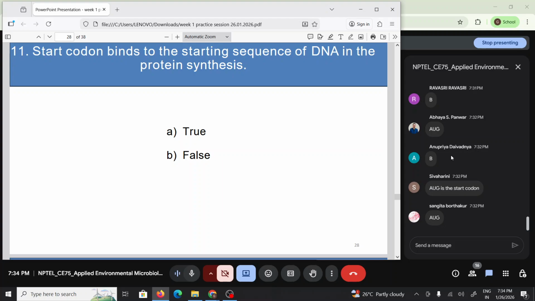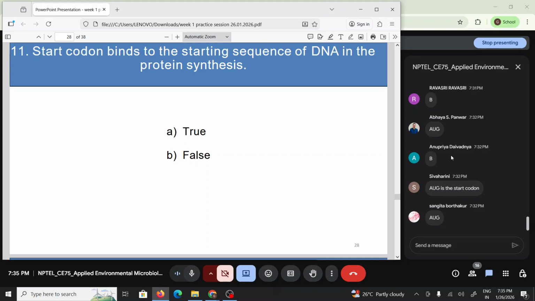And as I told you, there is a specific codon that codes for a particular amino acid, and during translation, a tRNA brings this amino acid attached to the anticodon, which is the opposite of the codon that you have.